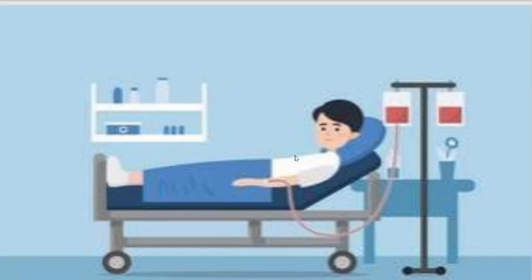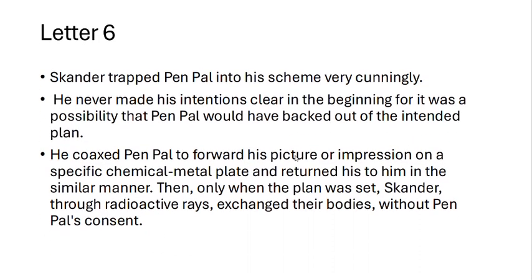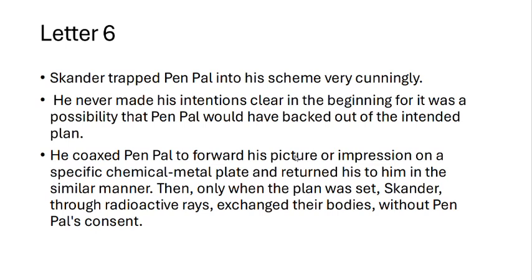Now we will see how Skander went into his body and the pen pal went into the body of the alien. In letter 6, Skander trapped the pen pal into his scheme very cunningly. He never made his intentions clear in the beginning, for it was a possibility that the pen pal would have backed out of the intended plan.